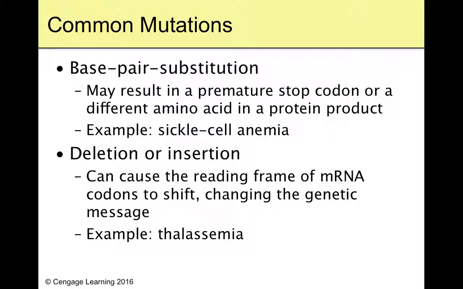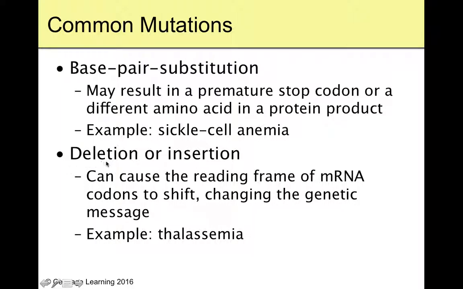Okay, totally change the base. This can result in a premature stop codon, which would be pretty bad, or a different amino acid in the protein, which would be pretty bad. One example of this is sickle cell anemia. You can check that out in your book, but basically the red blood cells get this long sickle shape, and they get stuck in capillaries, and that's not good.